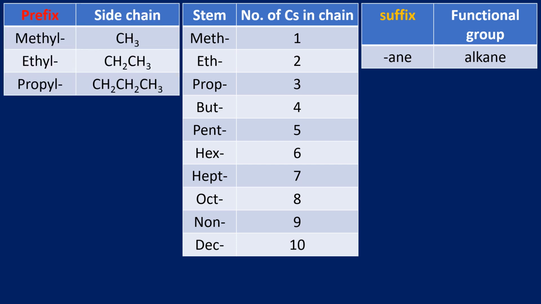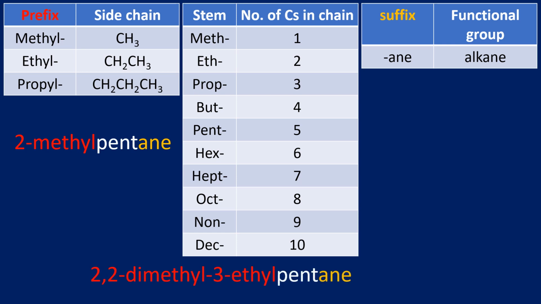And the prefix, I'm going to limit this to methyl, ethyl and propyl in this video, but there are numerous different prefixes we can have, but we'll be fine in this video and with BTEC Applied Unit 5 to just stick with these 3 for now. I will introduce more in future videos. So methyl, if a side chain is a CH3, we have a methyl prefix. And there's some examples, and again towards the end of this video we're going to look at drawing those 2 molecules there using the naming rules.